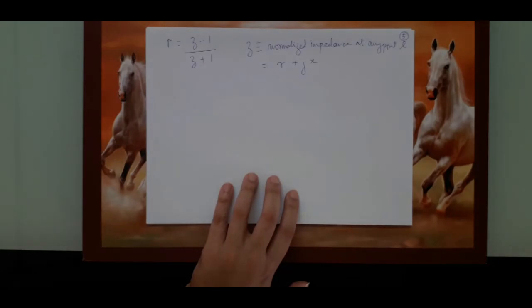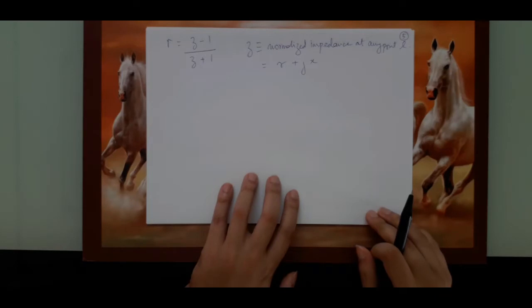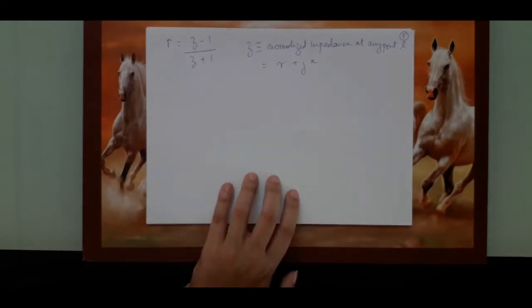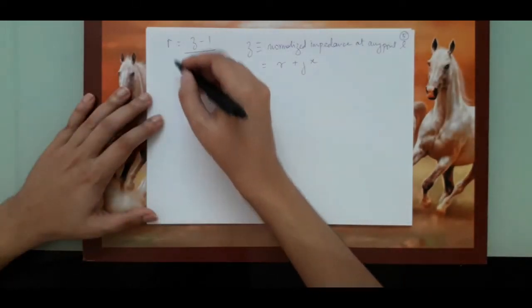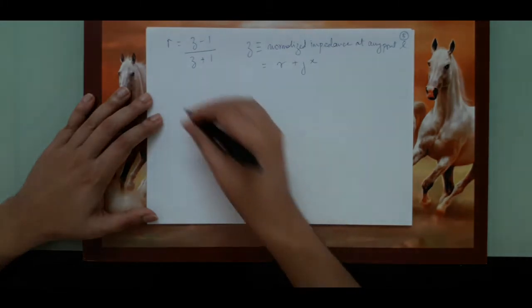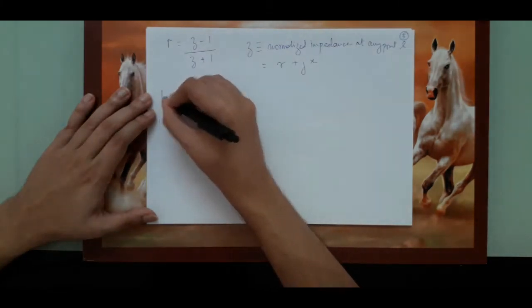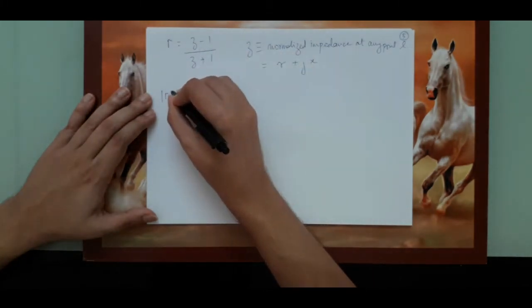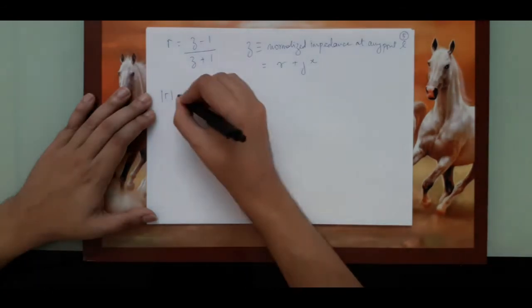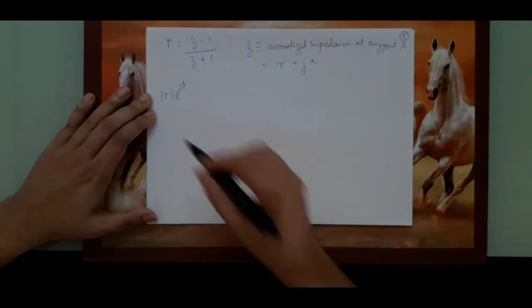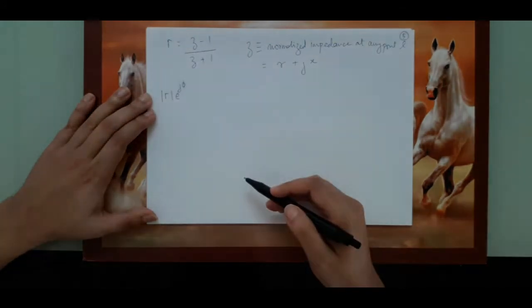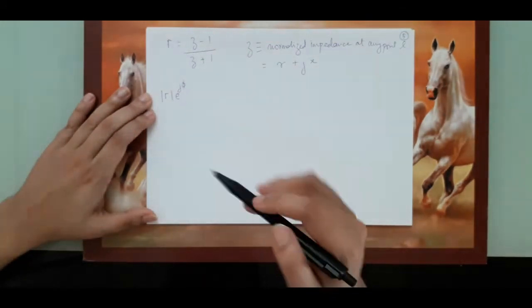So now we can represent gamma in a polar form like how we did in the previous class, where mod gamma is the magnitude of the reflection coefficient and phi is the phase.